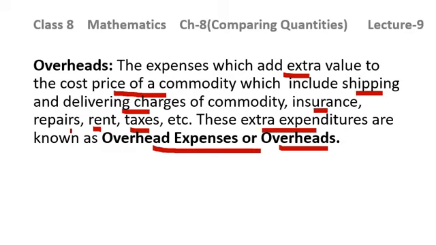So these are your overhead expenses or overheads and they will be added to the cost price. Profit or loss will be calculated on rupees 550, not on 500 rupees.